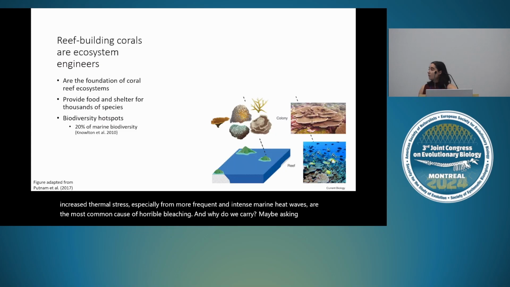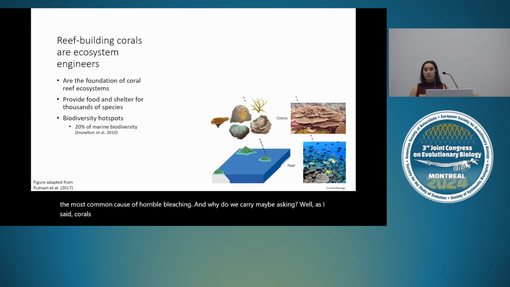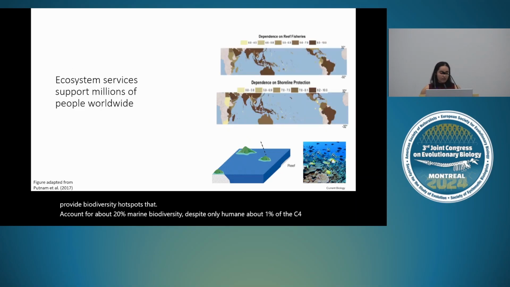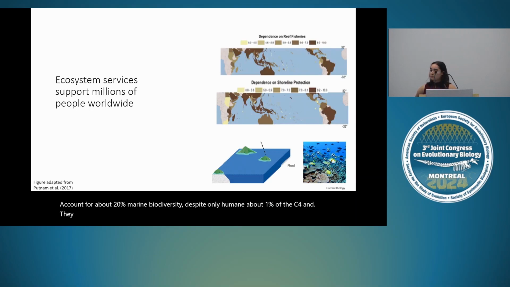Well, as I said, corals are ecosystem engineers that are foundations for the coral reef ecosystem. They provide biodiversity hotspots that account for about 20% of marine biodiversity, despite only accumulating about 1% of the seafloor. And their ecosystem services support millions of people worldwide in terms of tourism, reef fisheries, and shoreline protection.